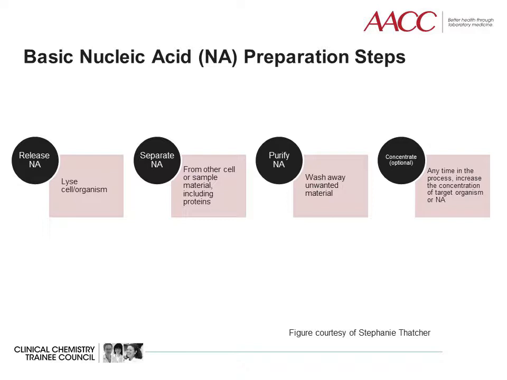Third, the nucleic acid can be purified further by washing away all potentially inhibitory compounds. And fourth, the nucleic acids can be concentrated by precipitation or binding and releasing in a smaller volume for analysis. Using the right combination of steps leads to a final solution of nucleic acids that is the appropriate purity, concentration, and volume for a particular application.